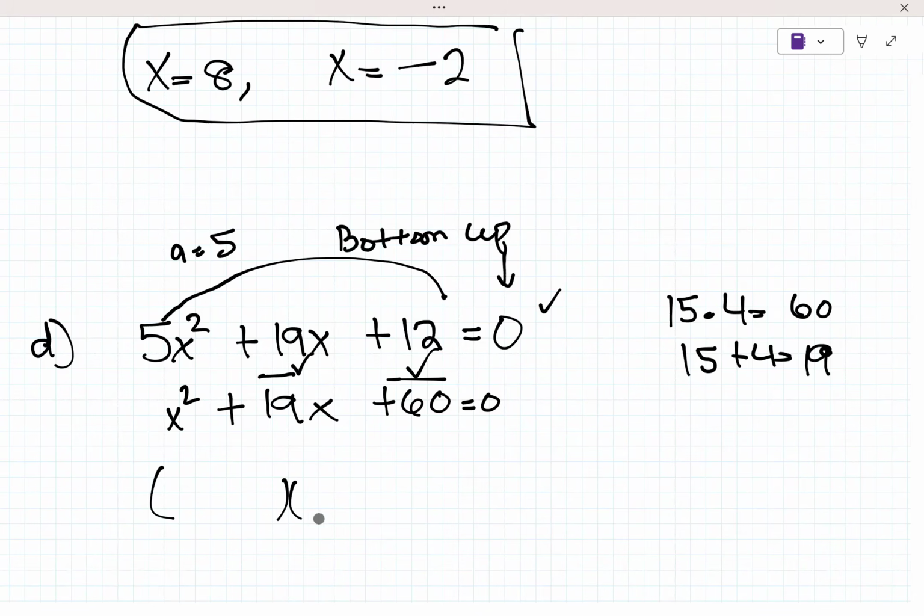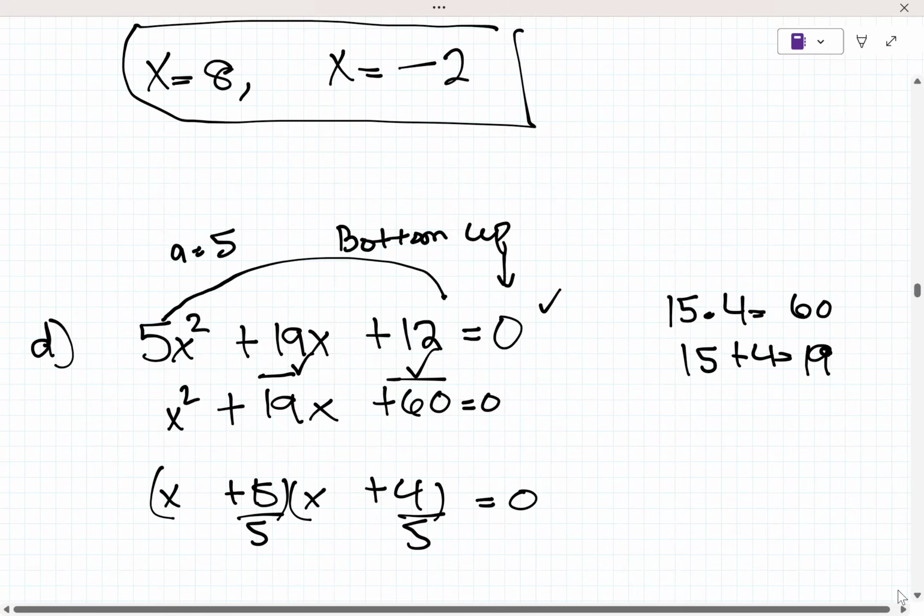So write out my parentheses, both positive. Then what we do is divide the 15 and the 4 by 5, right?